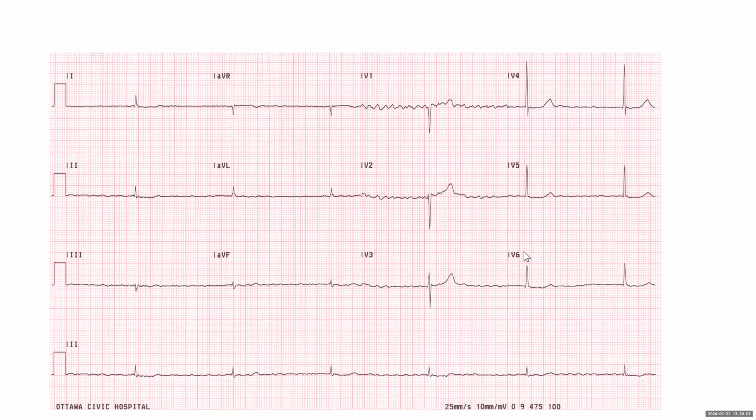This is more obvious maybe in V2, for example. So this suggests AFib. Sometimes it's not that easy, especially on telemetry, where you have some artifacts even when there's no AFib. But in an ECG, you have the luxury of having 12 leads, so you're more likely to see these fibrillation waves to know that there's actually something happening in the atrium.